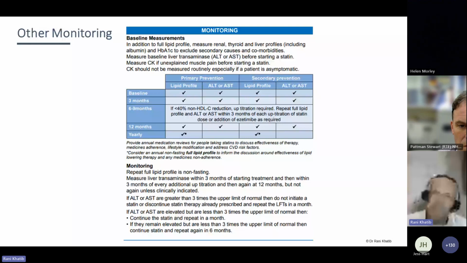I'm going to let Stuart detail that, but this box at the back recommends what kind of tests you should do in primary prevention, secondary prevention, at baseline, 3 months, 6 to 9 months, 12 months, and yearly. I think practices have changed slightly, and it also says there what to do if there is elevation in the transaminases. It's right at the back. You can read that. It's very obvious and very clear. It doesn't need to be elaborated. I'll hand over to you, Stuart.